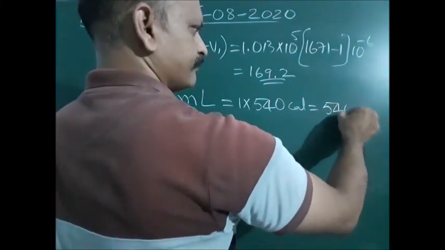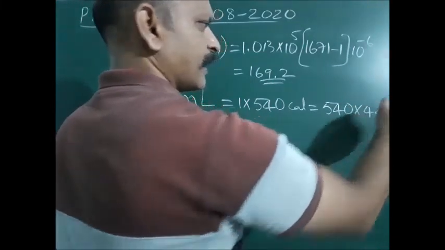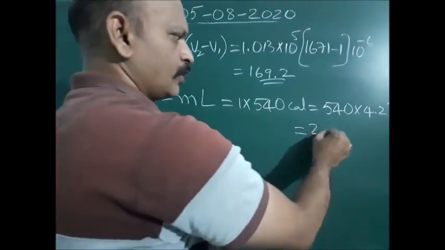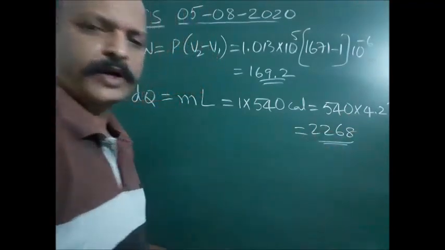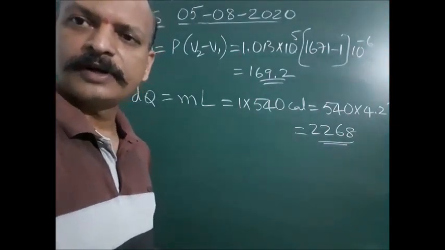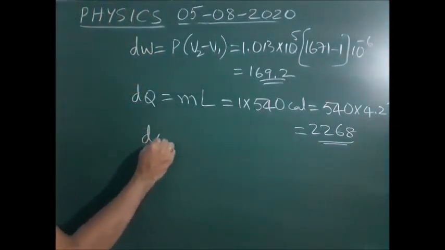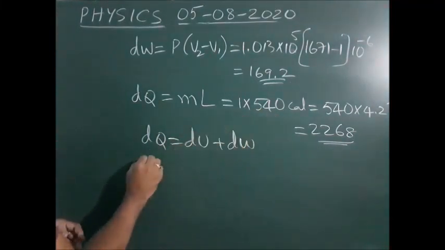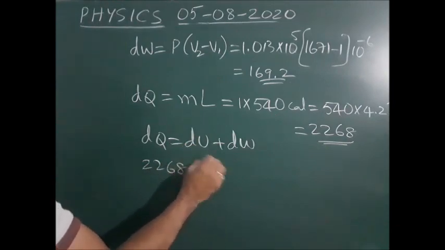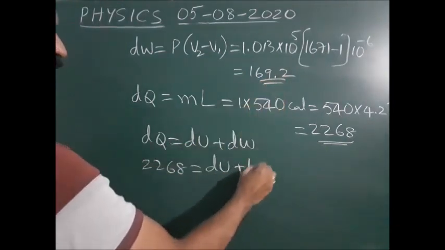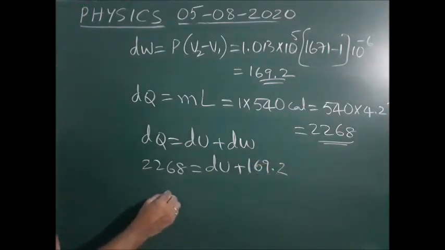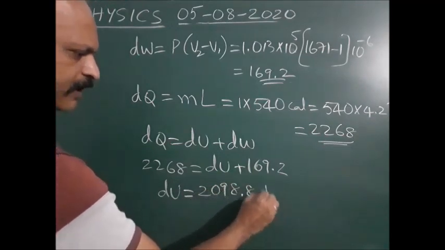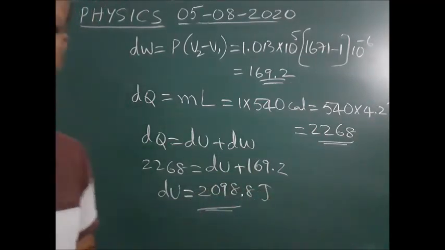Okay, this will convert into joule. That will be 540 into 4.2, which is 2268 joule. Okay, now going to the first law of thermodynamics, dQ is equal to dU plus dW. dQ is 2268, dU we have to find out, dW is 169.2, therefore dU is equal to 2098.8 joule. Okay.